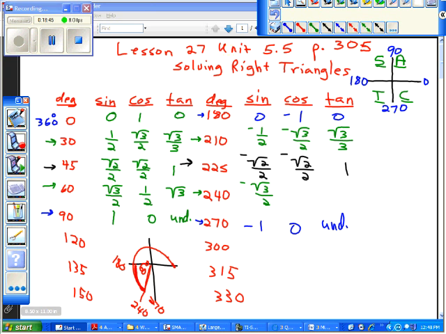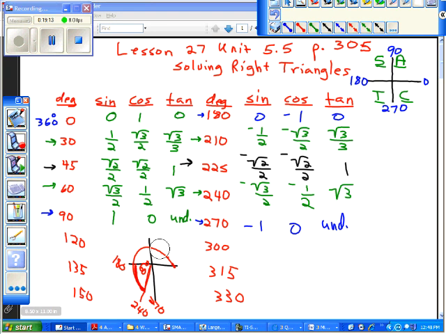What is the cosine of 60? 1/2, but I'm in quadrant 3 where cosine is negative. And then tangent 60 is square root 3, and we're in quadrant 3 where tangent is positive. So we're able to do that. Okay?